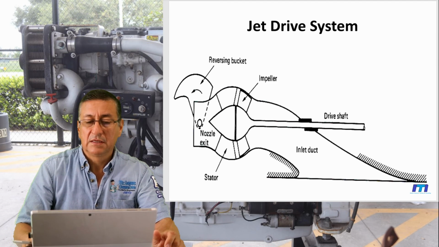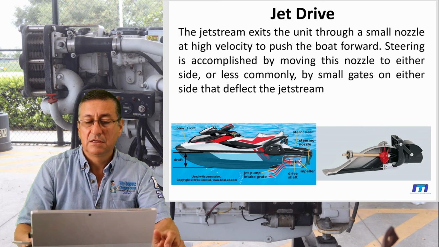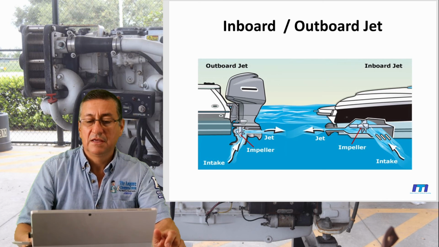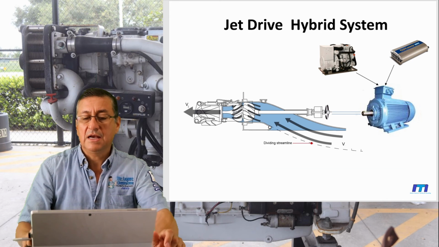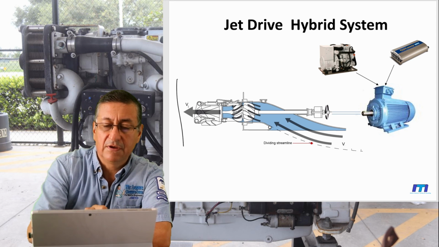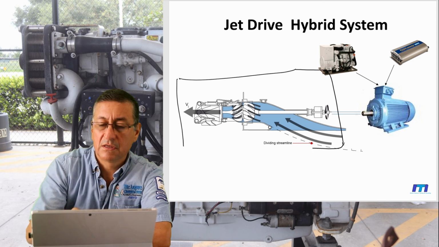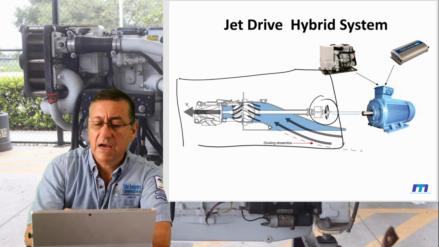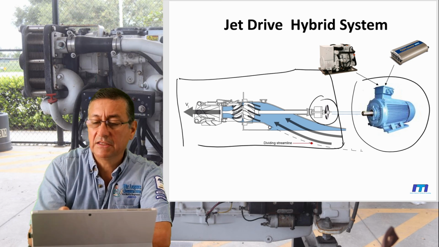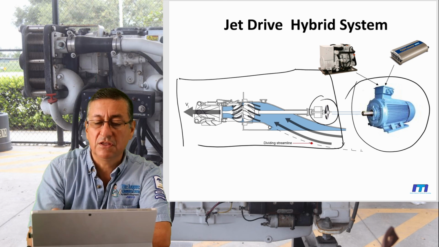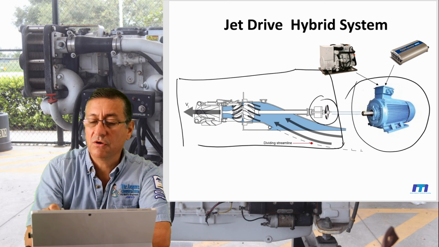Yeah, exactly. This is the nozzle. This is the jet drive. This is the jet drive configuration. This is the coupling, and you can replace internally here the motor for an electric motor. Instead of the diesel or gasoline motor, you can connect a generator.